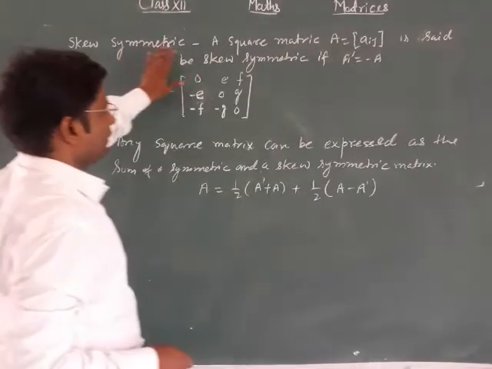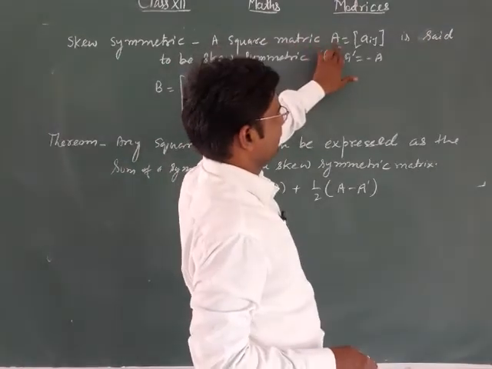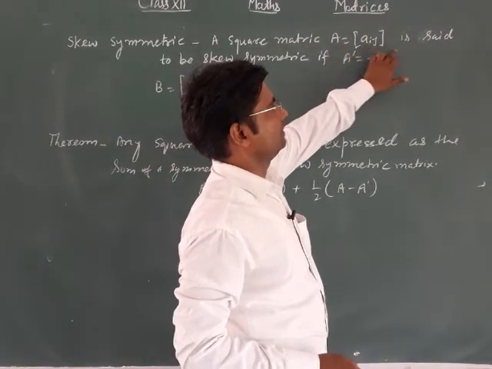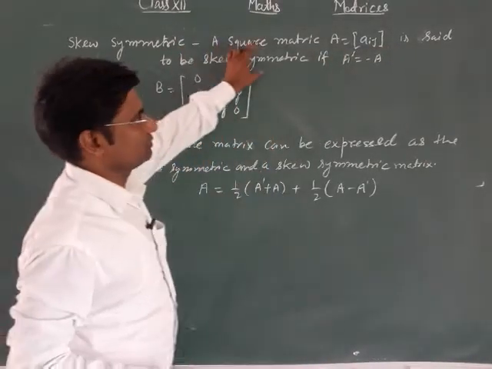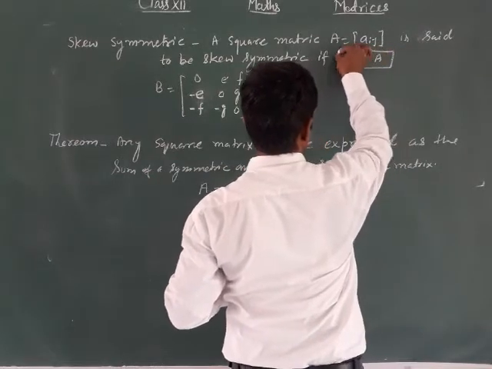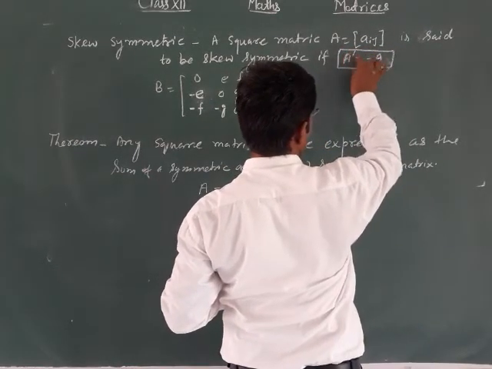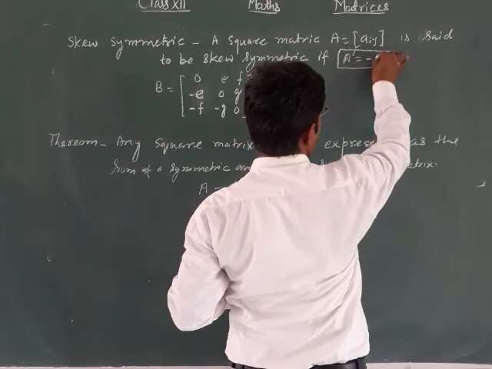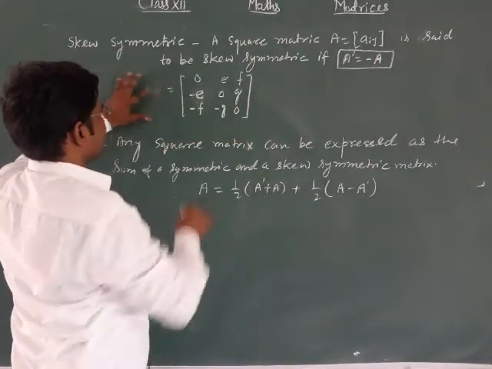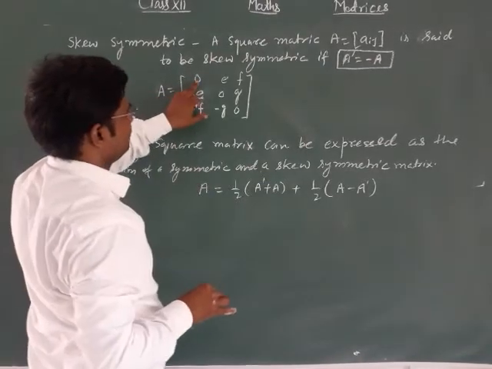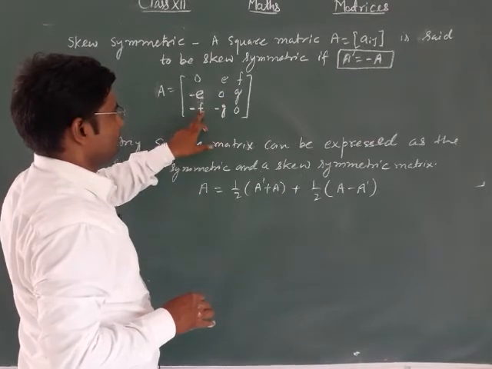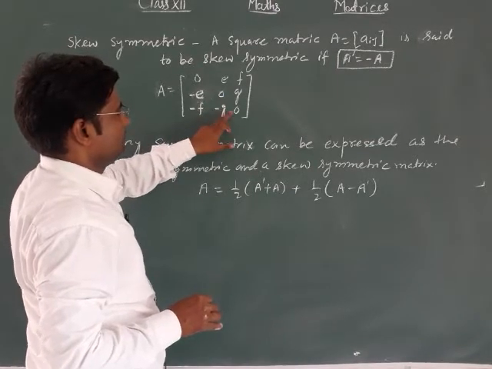Skew symmetric matrix: a square matrix A, a_ij, i row j column, is said to be skew symmetric if A dash, the transpose of matrix A, is equal to minus A. For example, this is matrix A: 0, E, F, minus E, 0, G, minus F, minus G, 0.